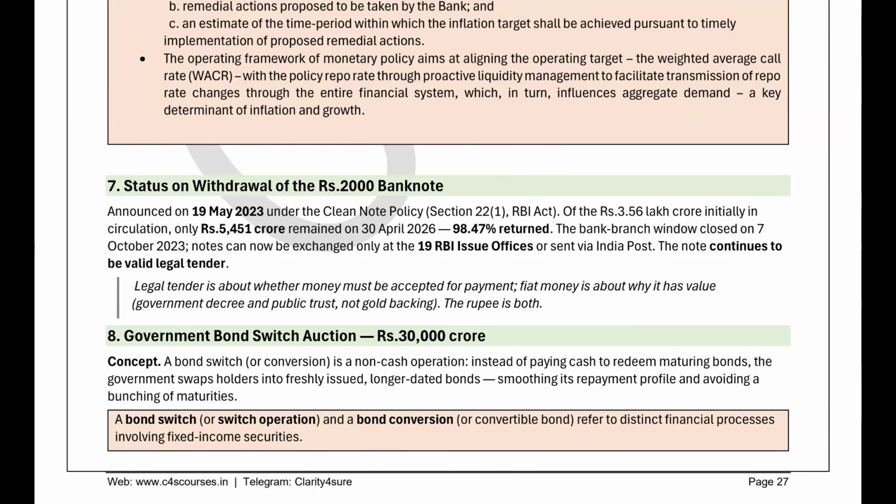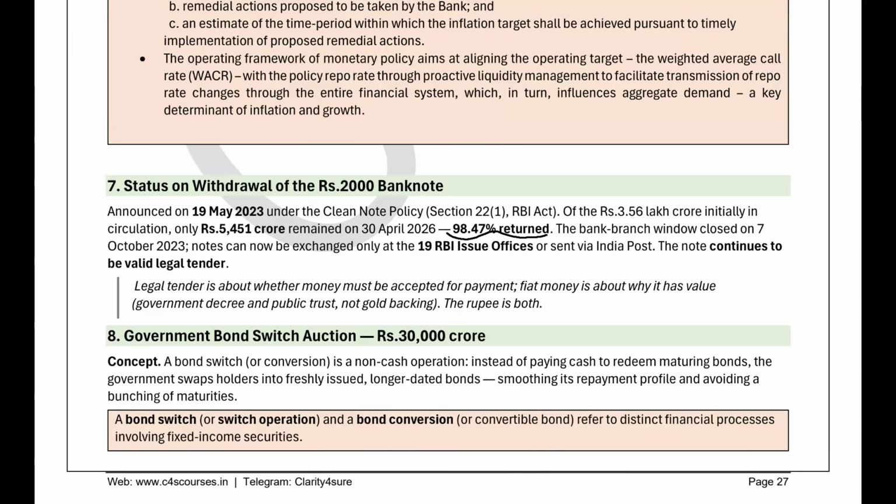Now, the 7th circular news is telling about the status of withdrawal of the rupees 2,000 bank note. What is this? It has not yet been removed as legal tender, so try to understand what it is telling. Announced on 19th May 2023 under the Clean Note Policy, Section 22 Subsection 1 of the RBI Act, of the rupees 3.56 lakh crore initially in circulation, only rupees 5,451 crore remained as of April 2026. 98.47% has been returned.